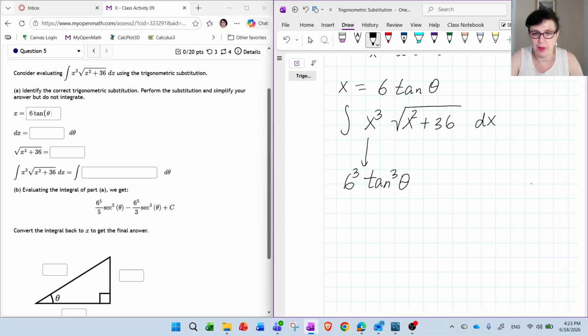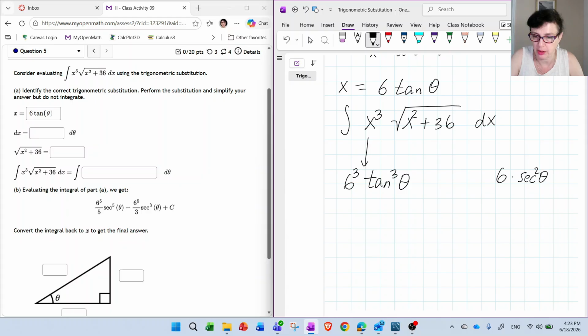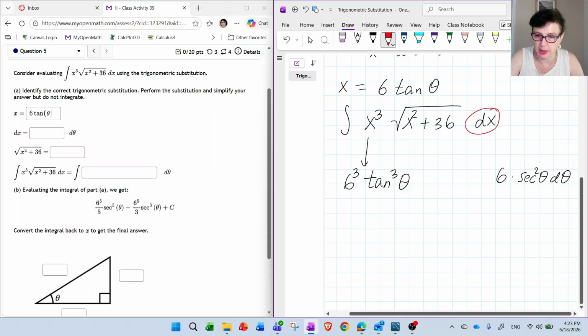Well, hopefully you remember that for the derivative of 6 tangent theta, first of all, the 6 we keep because it's a constant multiple, and the derivative of tangent theta is secant squared theta. And then we also have d theta. So dx is translated into this new language and becomes 6 secant squared theta d theta. x cubed became 6 cubed tangent cubed.